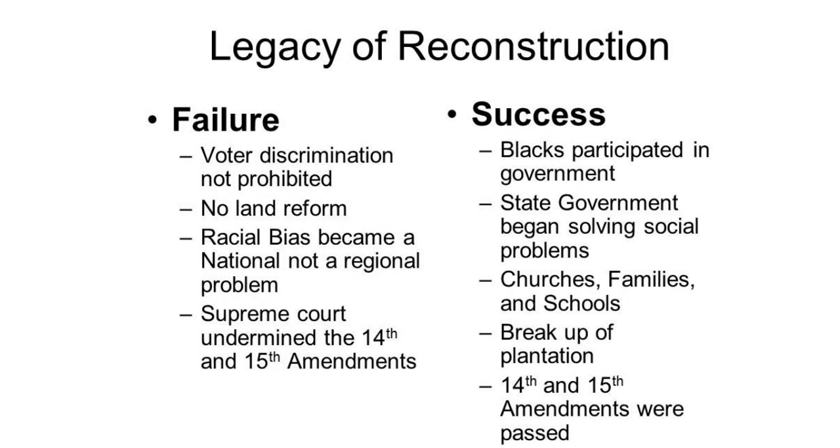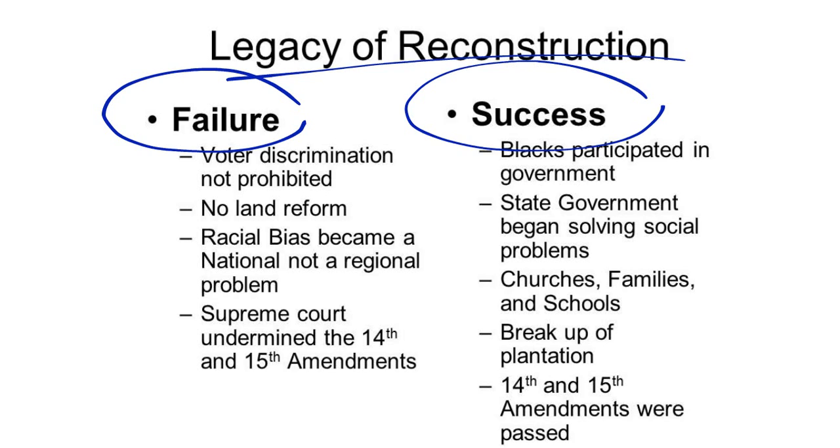So the legacy of Reconstruction can be argued both sides really, whether it was a failure or whether it was a success. And there were failures in some respects and successes in others. Voter discrimination was not prohibited in the South, and the newly freedmen were oppressed, and that is clearly a failure.